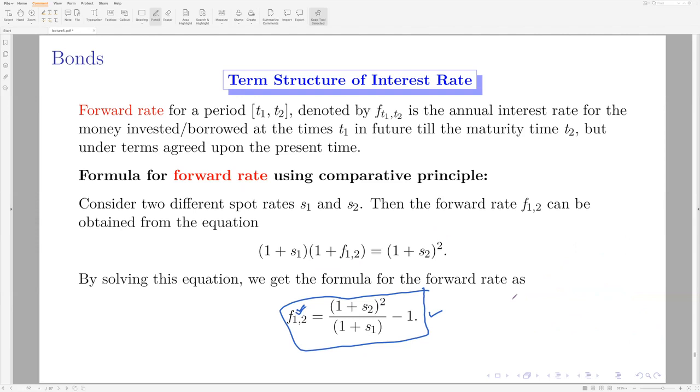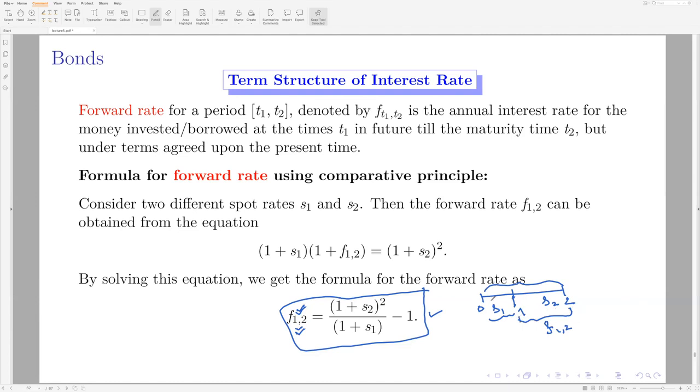if you go for the contract from your next year to this, how you will decide this forward rate is by, in the market this rate will be available, in the market this rate will also be available. S2 is for the whole period, S1 is for only one period, and this is F1 2, only for this period.